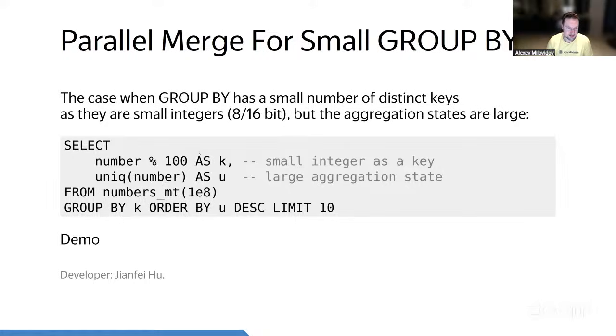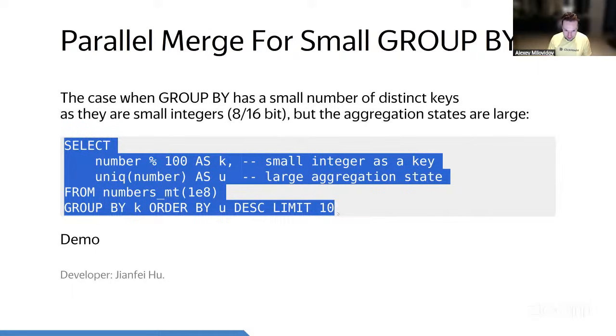A typical example of heavy aggregation state is count distinct or approximate unique, especially if you aggregate a lot of values inside this aggregation state. And in the previous version, everything was fast except the latest stage, merging of different states from different threads or different servers. Now we parallelized the merge.